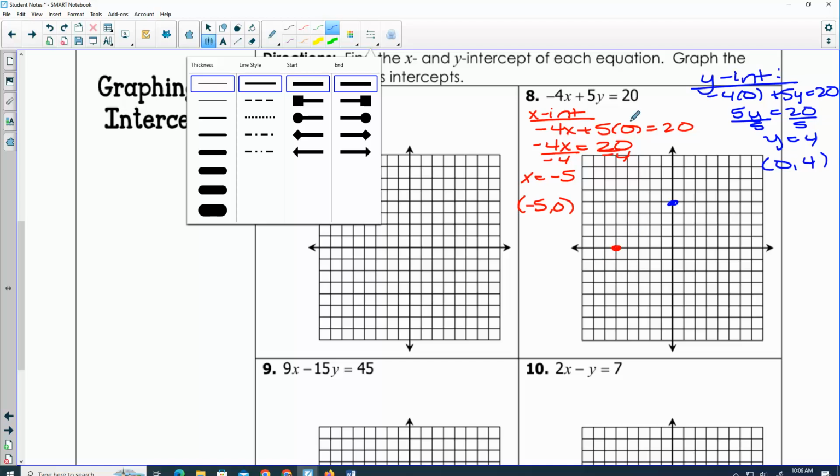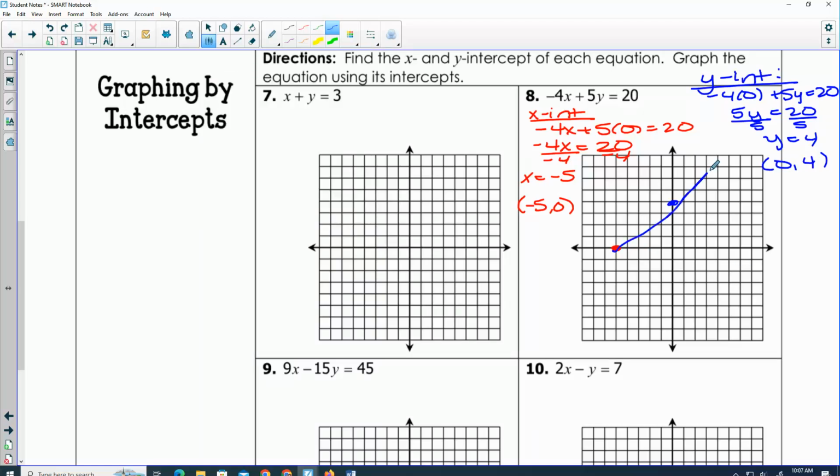Get your ruler. Does everybody have one? So you connect your points to get a line. Does everyone have a ruler?